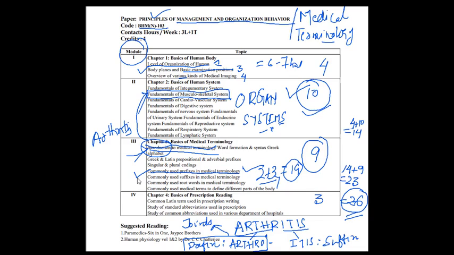So that way module 4 even doesn't take much time. I mean to say, if you just devote around 3 to 4 hours of time, that way you can even complete module 4.